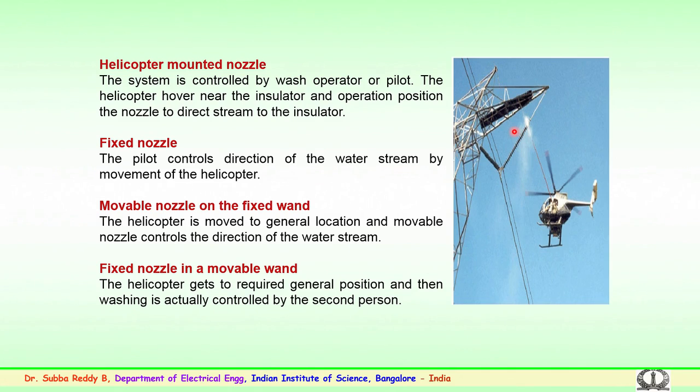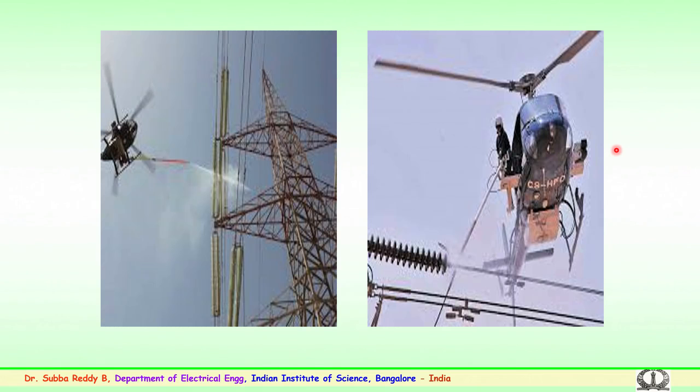This is also being employed in the country for the maintenance and cleaning of insulators. These are again some of the cleaning methods being used with helicopter jets. You can see the insulator strings. These are the horizontal or tension insulator strings which are being washed by the helicopter jets.